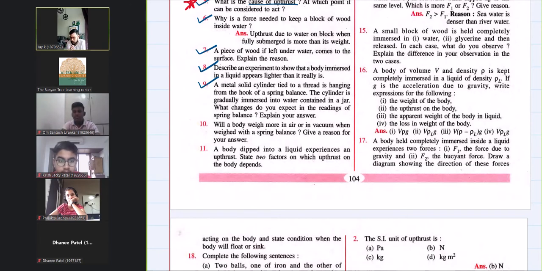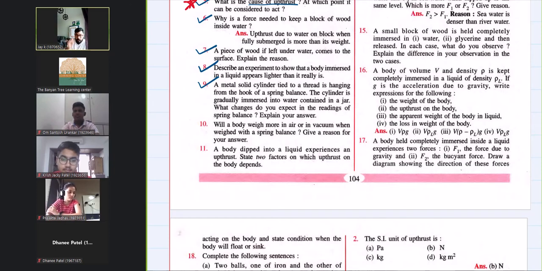No, not like that. You can say that the weight continuously, or what you said was correct, that when the cylinder is immersed gradually in water, the weight of the cylinder as shown in the spring balance starts decreasing gradually and reaches a minimum value.